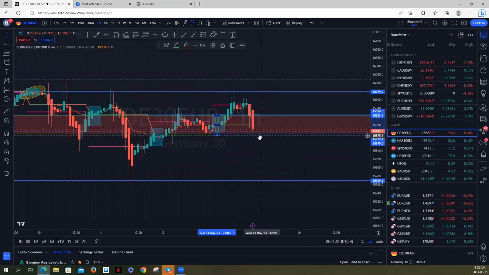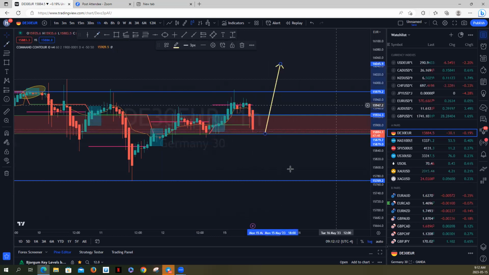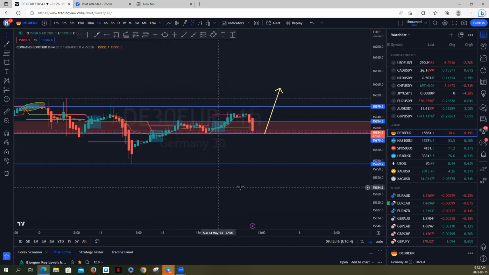Now, if price rejects off of here, because price rejected from this point, you can see it's moving in an upward trend. You see every ZAP zone is higher than the day before. So it went up, doing a little bit of a pullback, but I'm still biased for the potential buy. And that's how you'd mark it up.